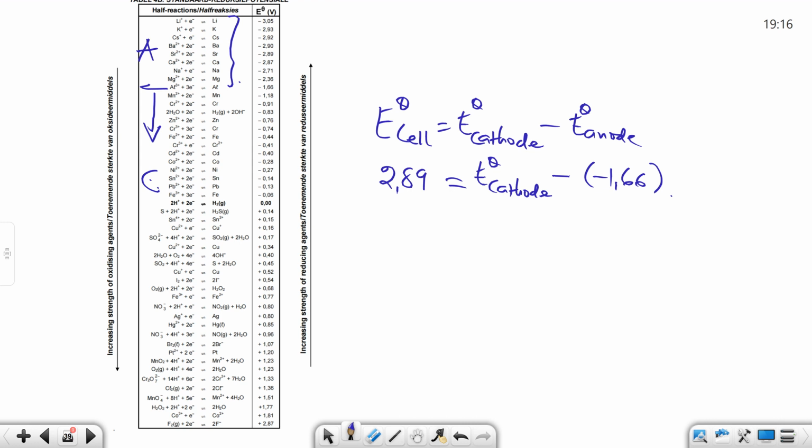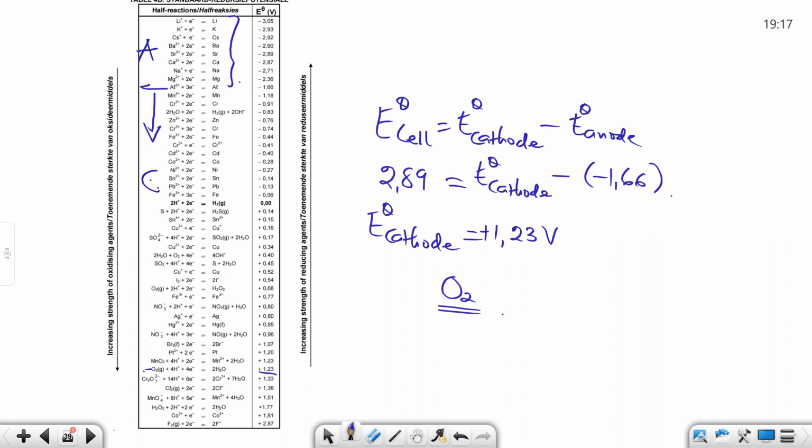E cathode, therefore, is 1,23 volts. Positive. Is there 1,23 here? What is it? All right. They told us it's a gas. So it's what? Oxygen. It's here, 1,23. It's oxygen gas.